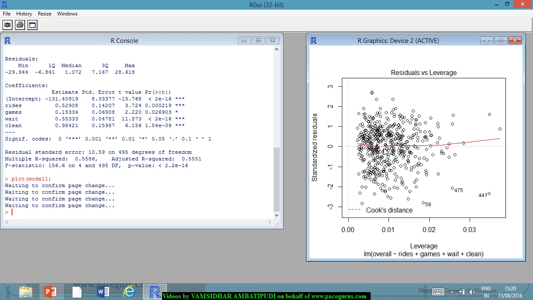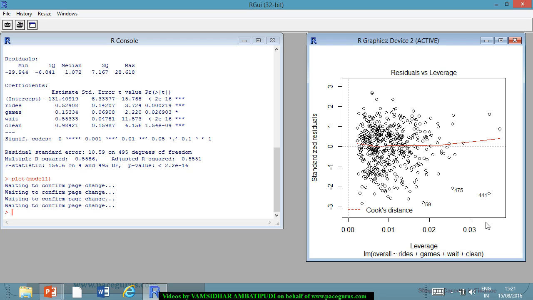Even when you look at the residuals versus the leverage, more or less everything is towards the left, which means the leverage is on the lesser side for the majority of them. No single point is acting pretty dominant, whereas on a few of them you could see item number 59, the record numbers 475 and 441, highlighted as outliers because their leverage looks much higher.